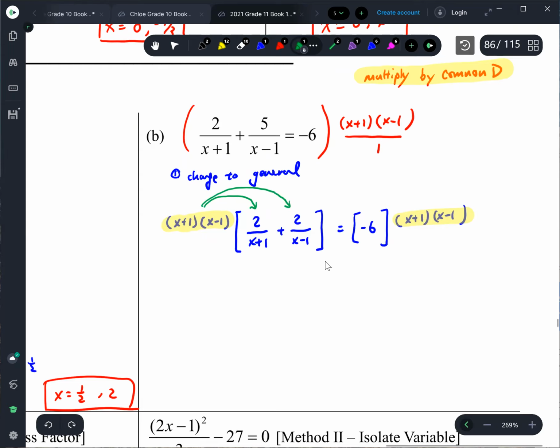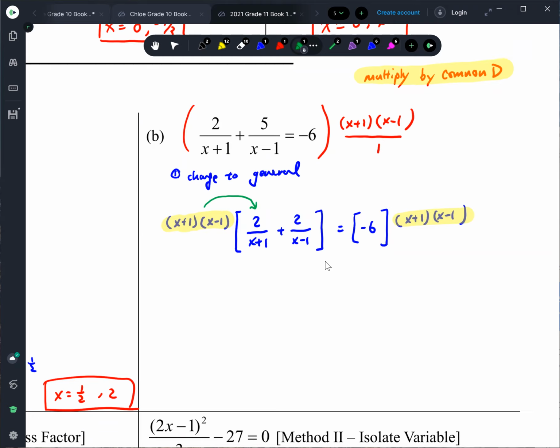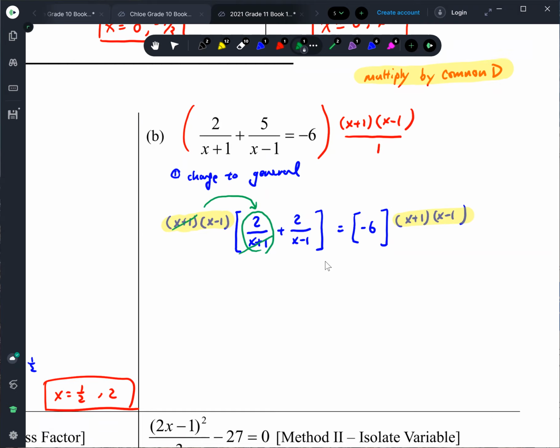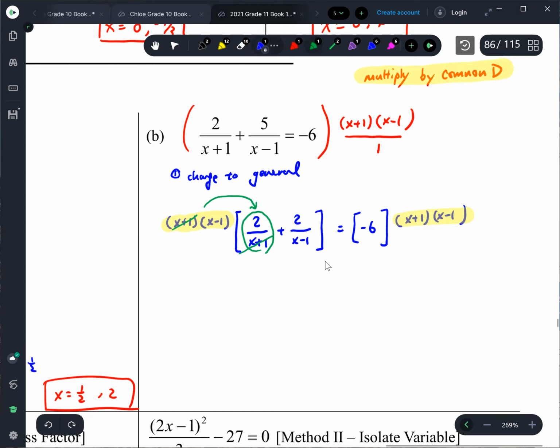We'll do one at a time. So if I take that bracket, multiply with the first fraction, then the x plus 1 will cancel out, right? Because 1 is in the numerator, 1 is in the denominator, right? Then you will be left with 2 times x minus 1.